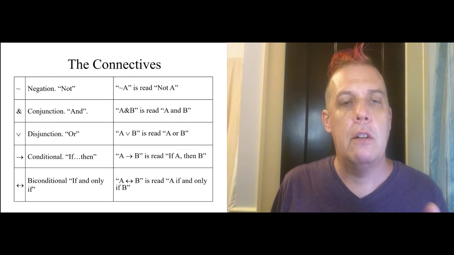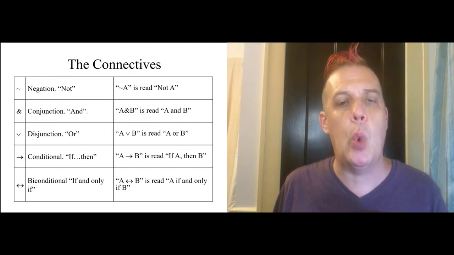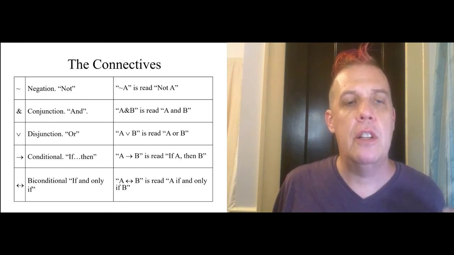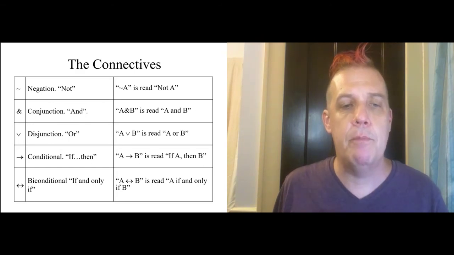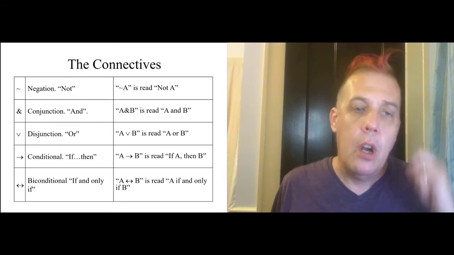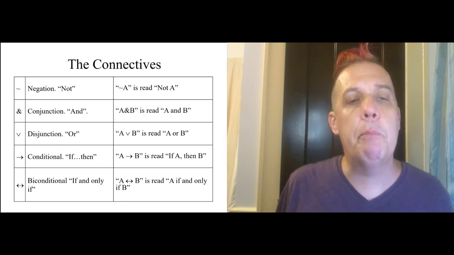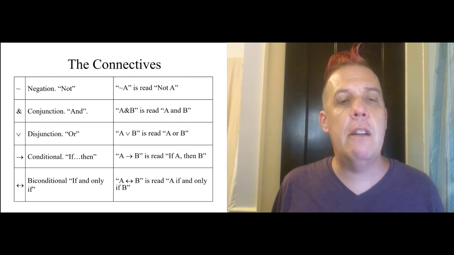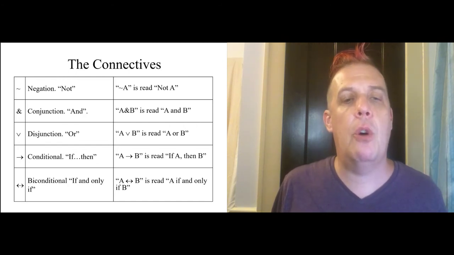So A, V, B, when you say that out loud, you say A or B. The arrow represents a conditional: if A, then B. And the biconditional is the arrow going in both directions, and when we see it, we read if and only if. So A, double-headed arrow, B is read aloud as A, if and only if B.